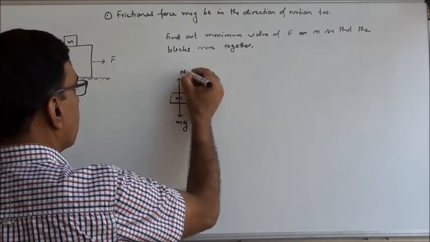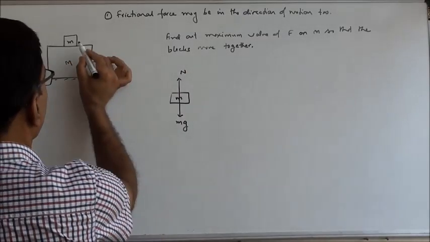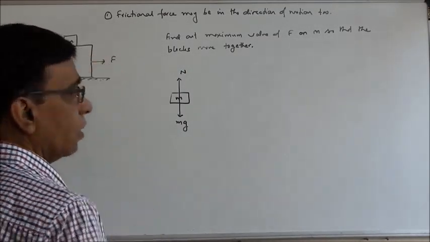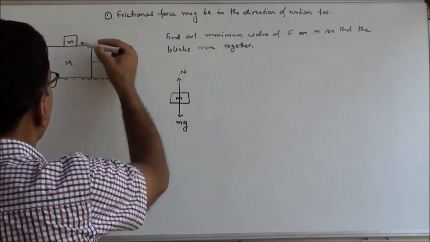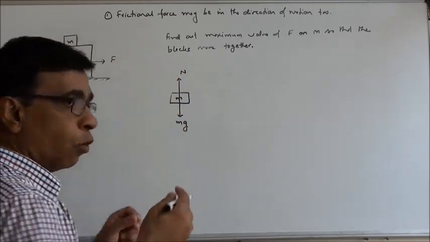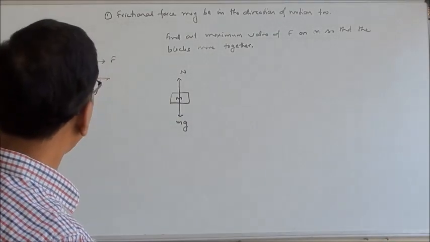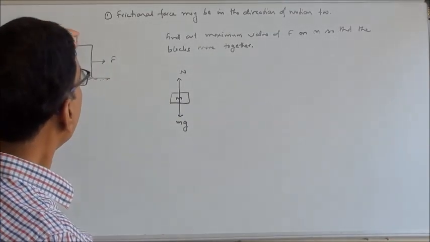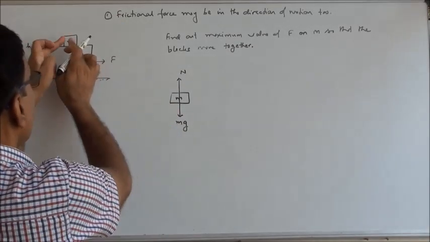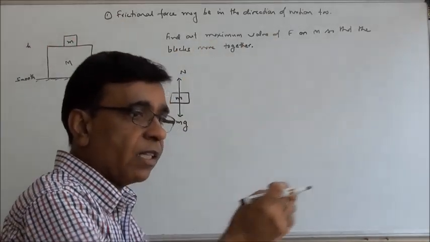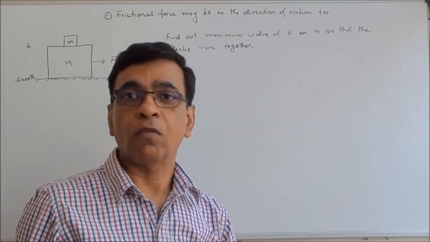Let us call it m. The smaller block applies its own weight onto the bigger block, so the bigger block applies an equal force onto it in the upward direction. But this block is moving forward. It is accelerating in the forward direction.